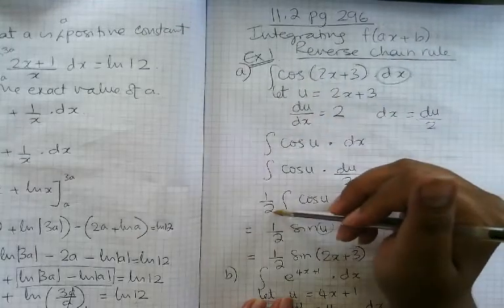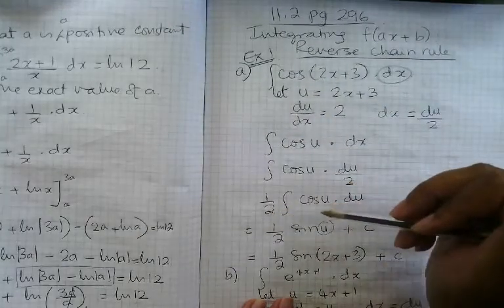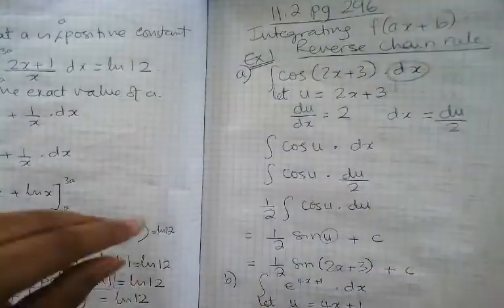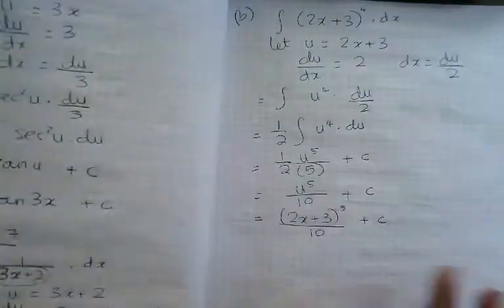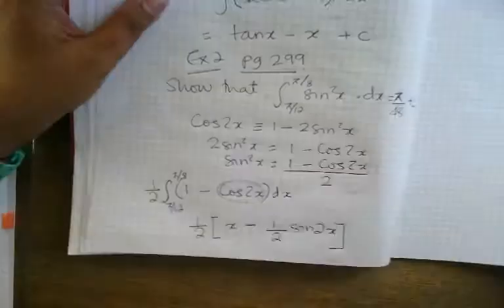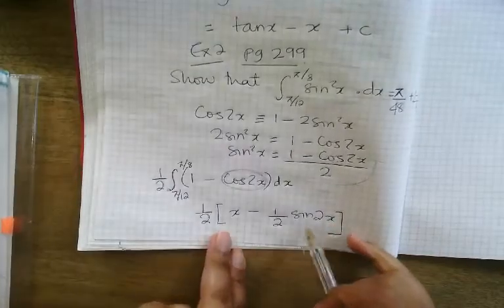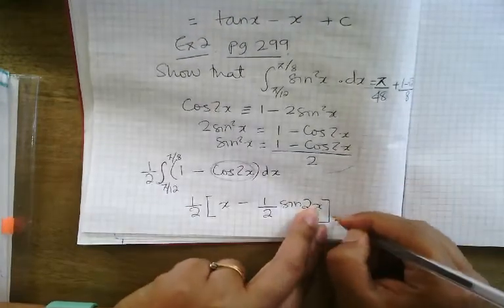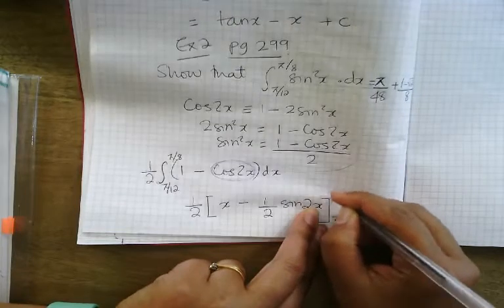I divide by that with the integral of cos u. It's opposite to what happens in differentiation, where you multiply by it. So cos 2x integrates to half sine 2x, and I'm now going to plug in my limits.